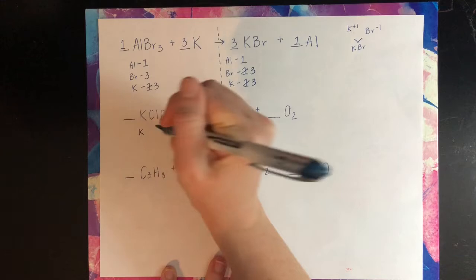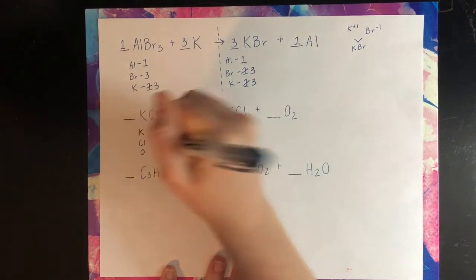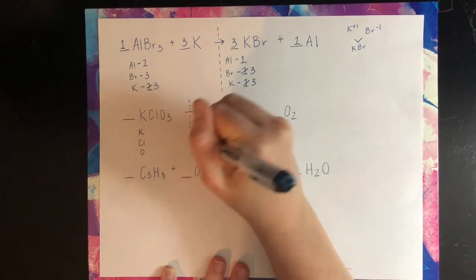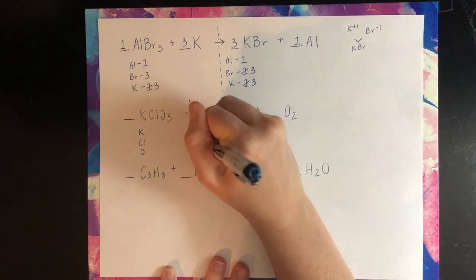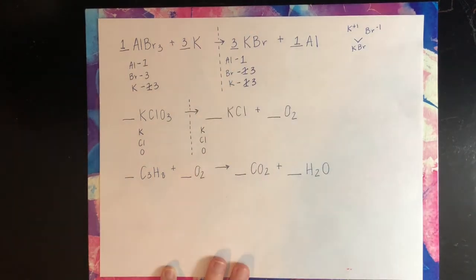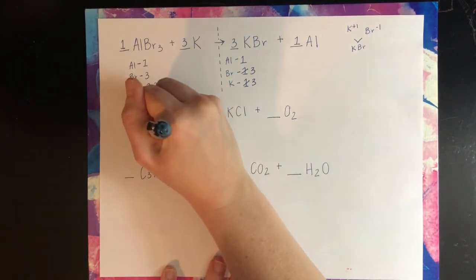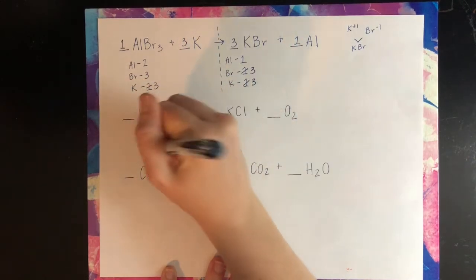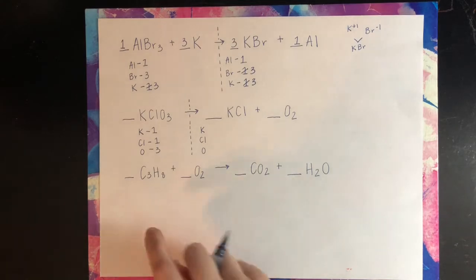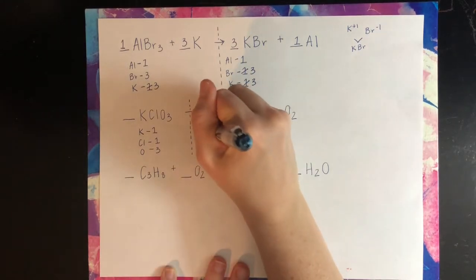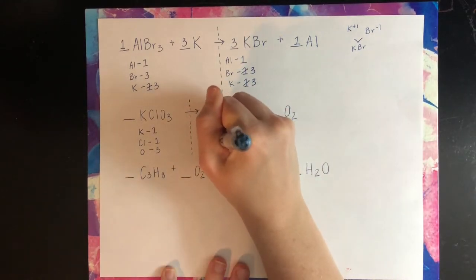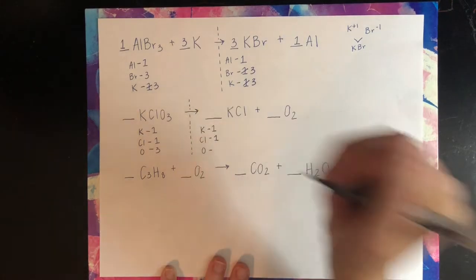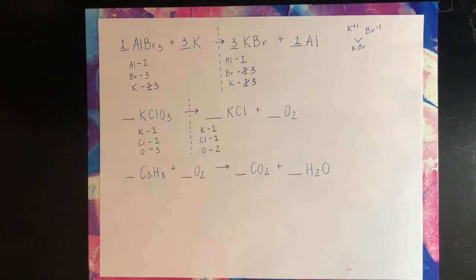So K, Cl, and O. On the left, I have 1 potassium, 1 chlorine, and 3 oxygens. On the right, I have 1 potassium, 1 chlorine, and 2 oxygens.